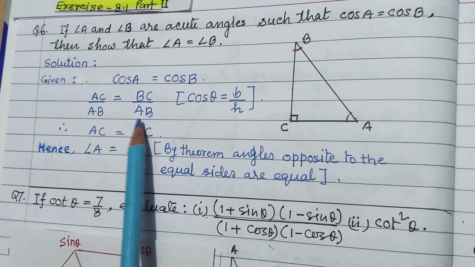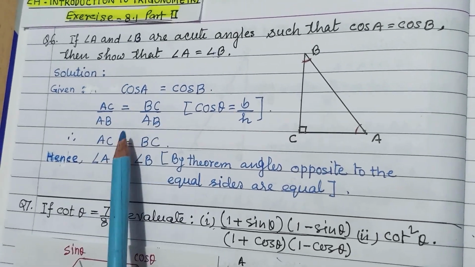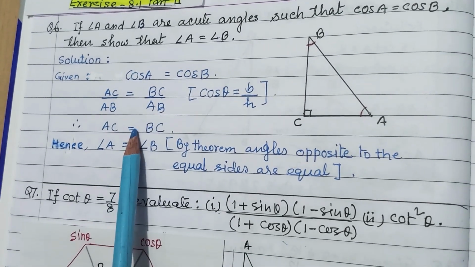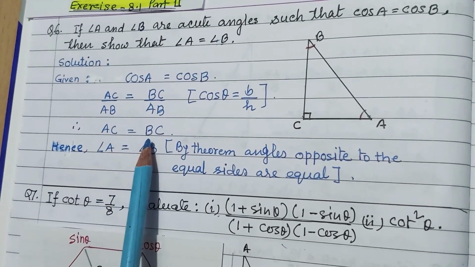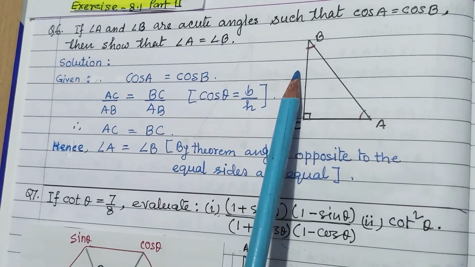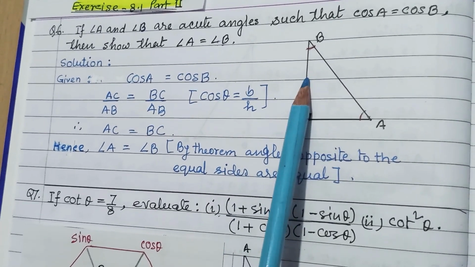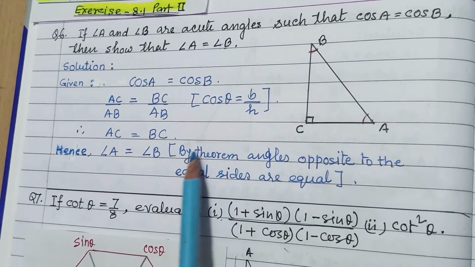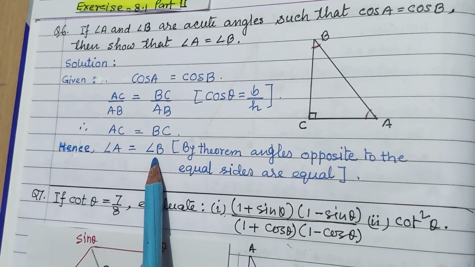Now AB cancel, AC is equal to BC. Angles opposite to the equal sides are equal, these two sides are equal, so these two angles are also equal. Angle A equal to angle B.